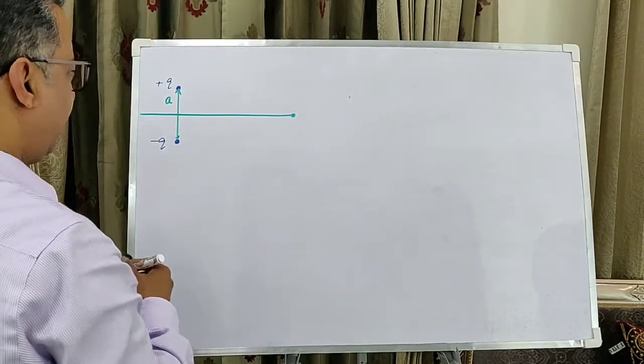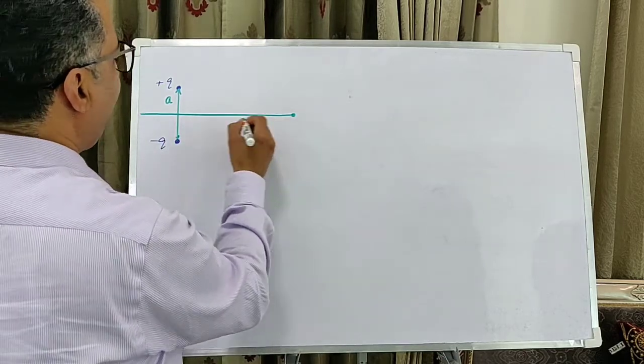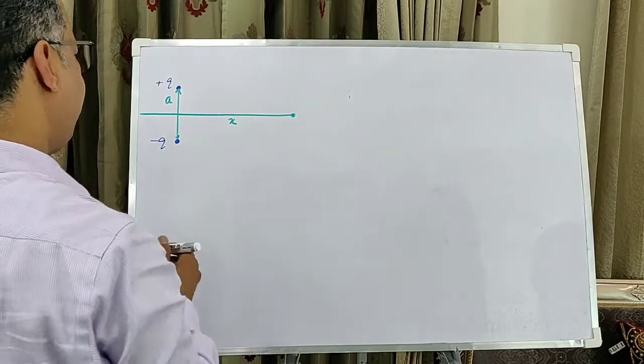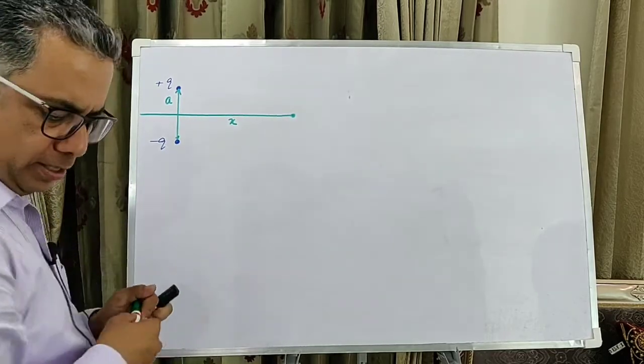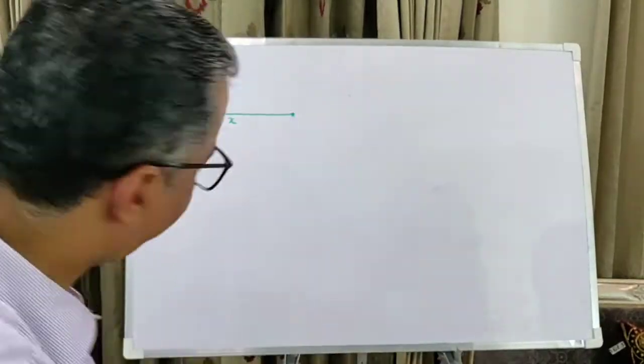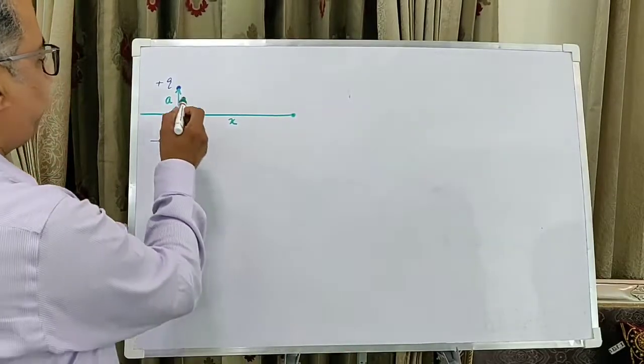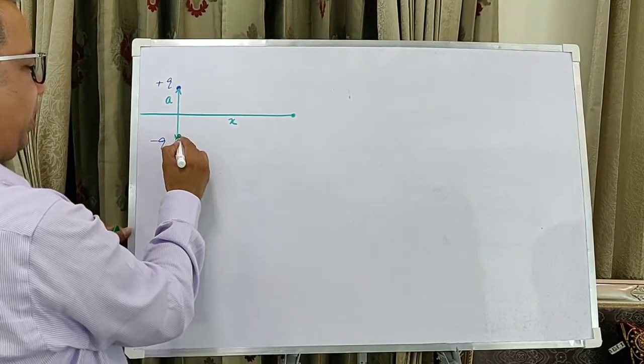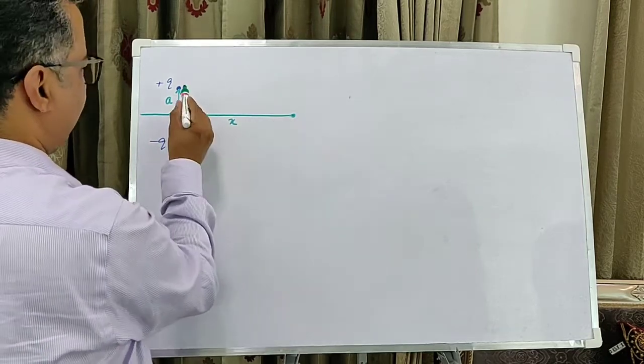and now this line here is the equatorial line. Now, at a distance x on the equatorial line, we have a point here where we are interested in calculating the electric field. Now, this is a by 2 and this is a by 2 as well, and this distance is x.